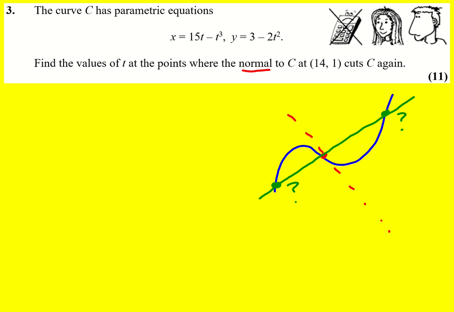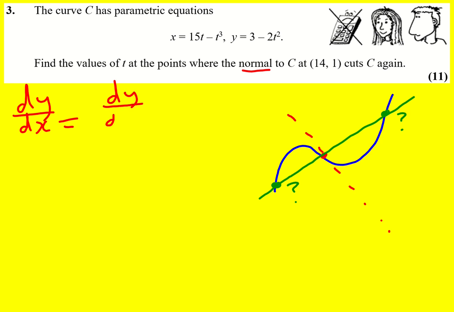So first things first, we're going to need to work out the gradient of the curve. The reason being that the tangent has the same gradient as the curve at the point (14, 1). So let's work out dy/dx.